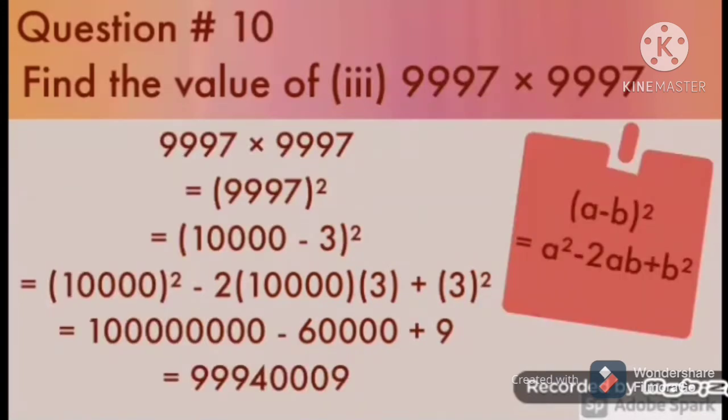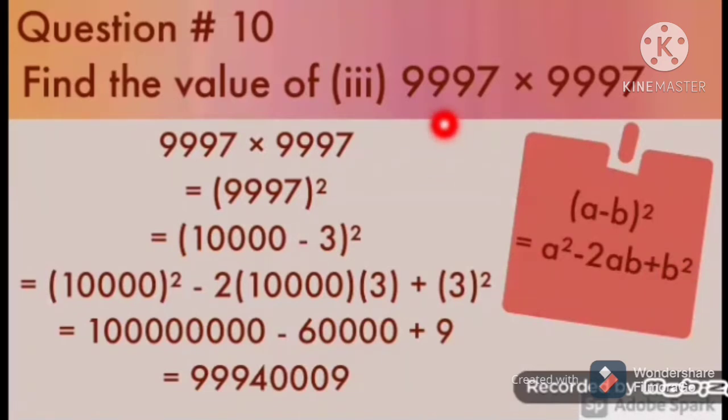Next we solve question number 10. Question number 10 is the same as question number 7. In question number 7, we used the identity a plus b whole square, but in question 10, we will use this identity: a minus b whole square is equal to a square minus 2ab plus b square.